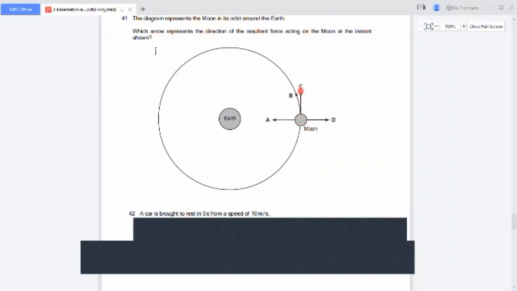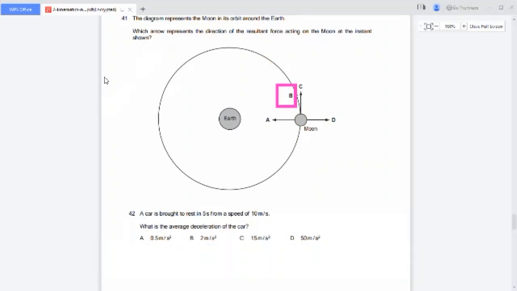I don't know this one. This might be the direction of velocity, but it looks like the object is following this path. It means B is actually the resultant one, which keeps it along a circular path. So this might be the resultant force.